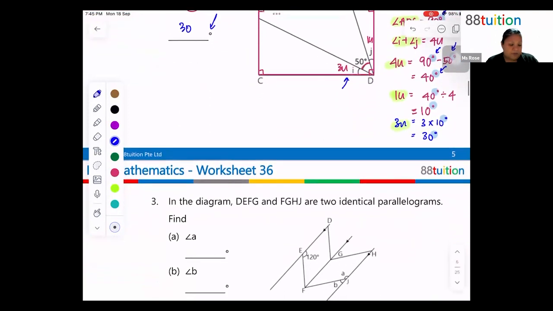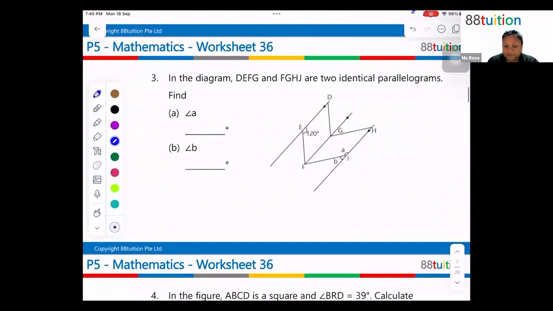All right, let's look at question number 3. So for question number 3, we have 2 identical parallelograms. Take note, they are identical. So what do I mean by identical?